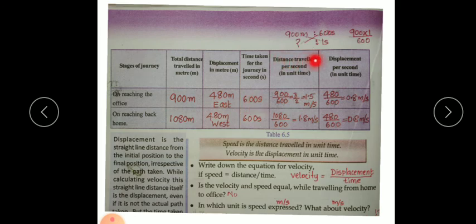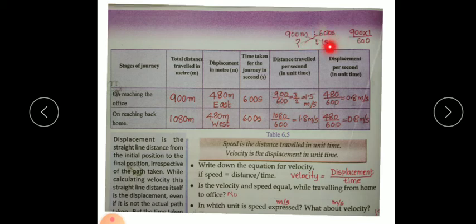Distance traveled per second. In order to travel 900 meters he took 600 seconds. Then in 1 second how much distance he covered, that is distance traveled per second. So how can we find this? See, in order to reach 900 meters he took 600 seconds.